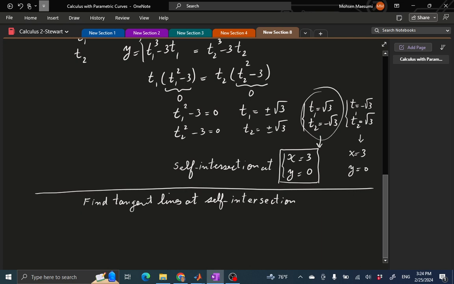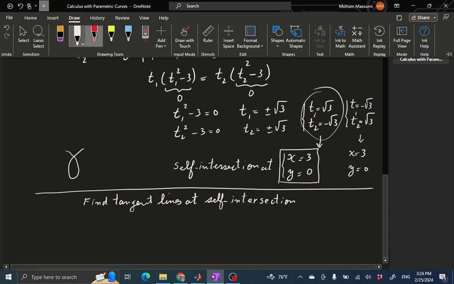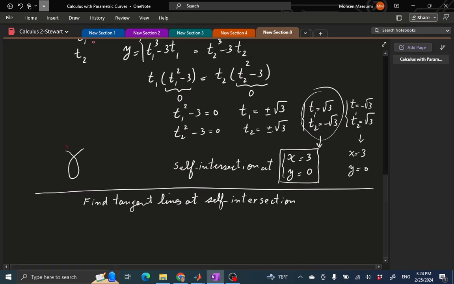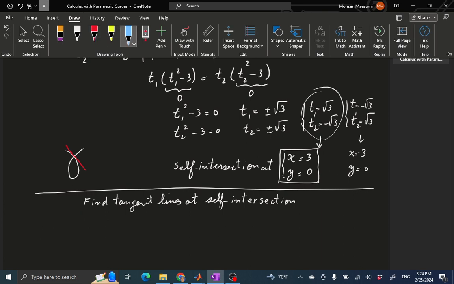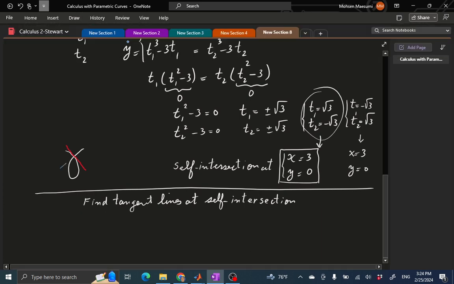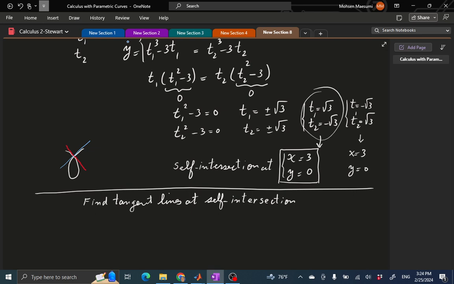If you have a curve that has one of these loops in it, when you are traveling in one direction, you have one tangent line. When you come around and travel to this point at a later time, you have a second tangent line passing through that point. This is a situation that's completely different from calculus 1.